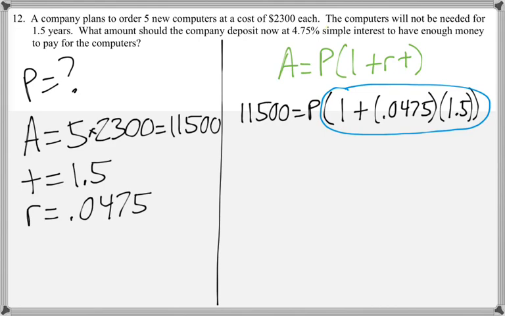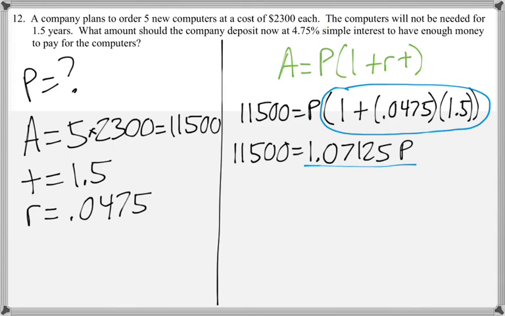So the coefficient of P is 1.07125. So make sure not to round that. So we can only round at the end. Otherwise our answer is going to be off.